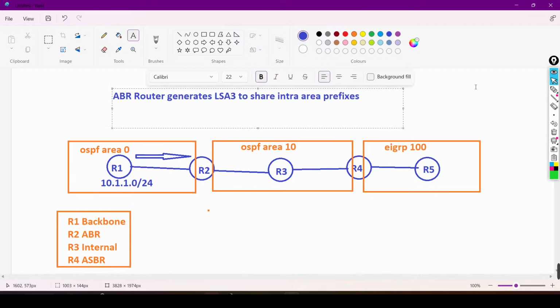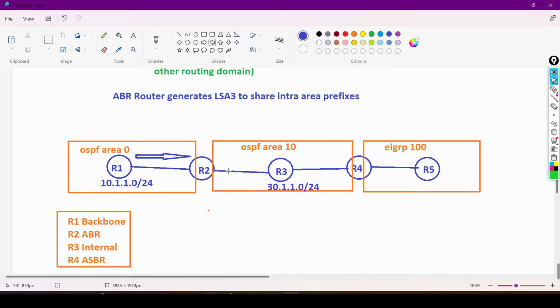Sir, is it necessary that every area has to be connected to area 0? Yes, 100%. Otherwise, two regular areas cannot communicate with each other because LSA 3 can be generated by an ABR router only. Suppose here on router number 3 also I am running one network that is 30.1.1.0/24. So router 3 will also generate what?